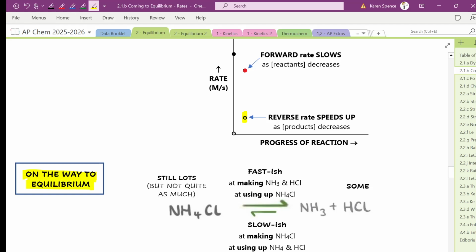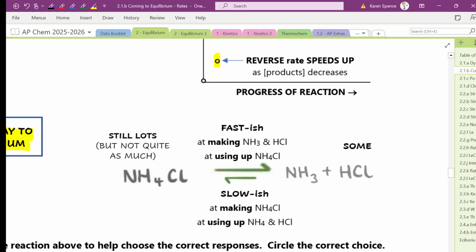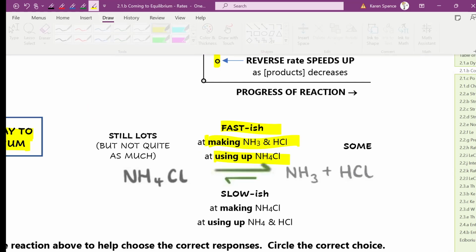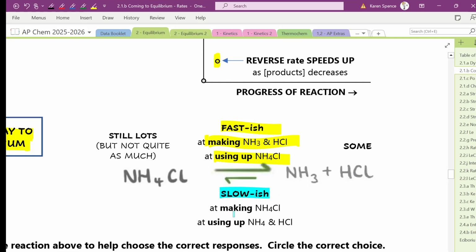We are fastishly making NH3 and some HCl, and we are using up NH4Cl, and we are slowishly making NH4Cl and using up NH3.